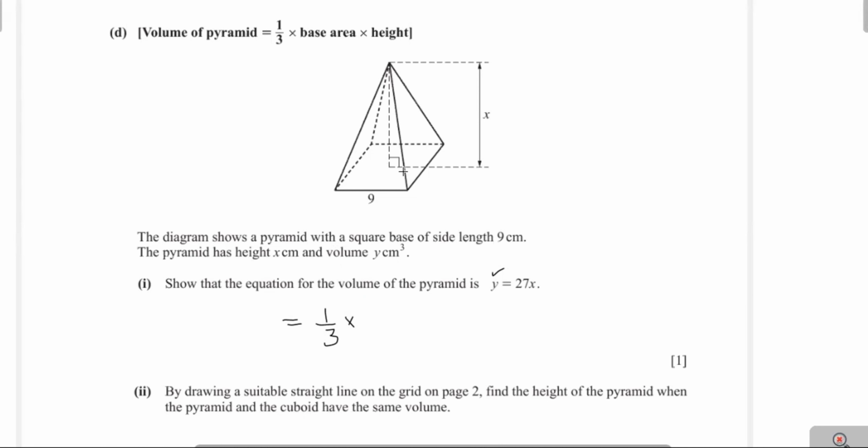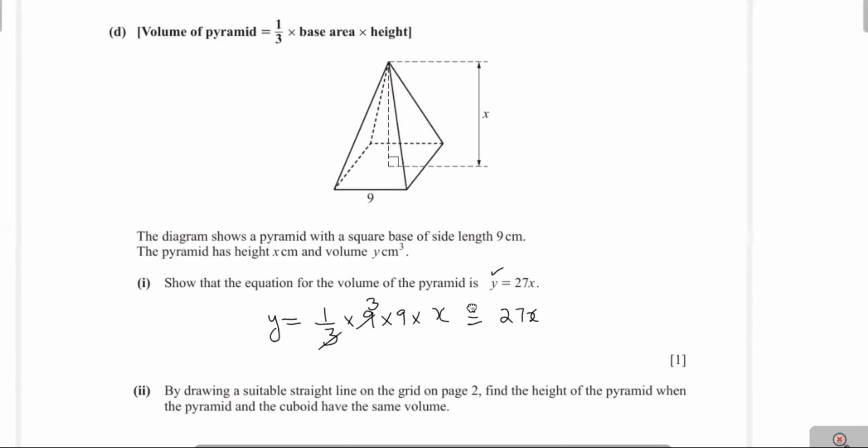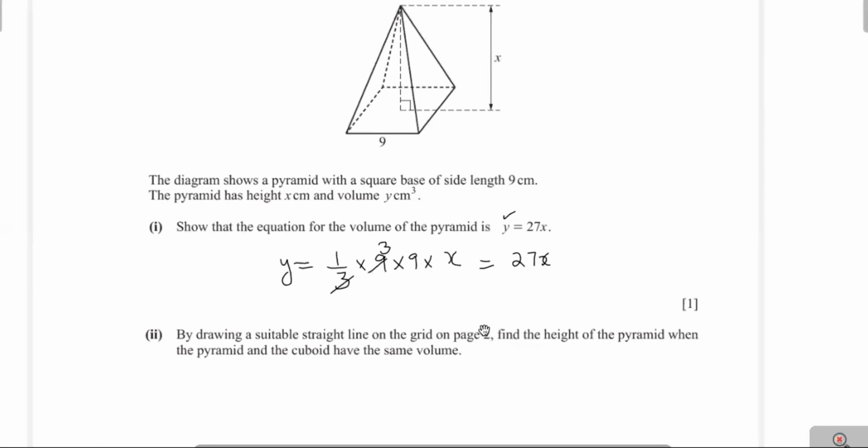The base of this pyramid is a square, therefore the base area will be equal to length multiplied by length, 9 multiplied by 9, and the height is x. Now we simplify it: 3 times 3 is 9, 9 times 3 is 27x, therefore y equal to 27x, and this is the answer.